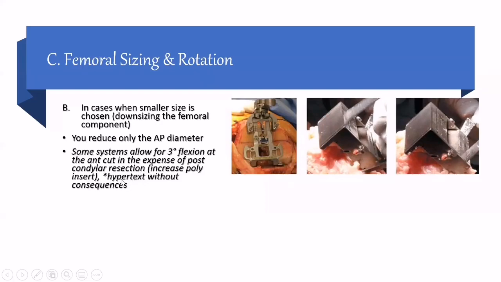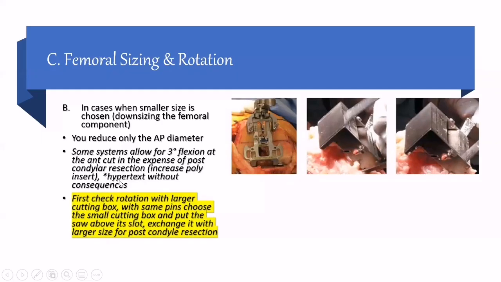So it may cause hyperextension without consequences, and we will see in other slides. So first, check rotation with a large size box like this one. Before you cut, you exchange it for another one which is smaller. You choose the smaller one, and instead of doing the cutting from the slot, put it above it in order not to notch the anterior cortex.